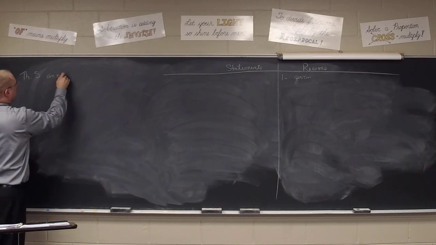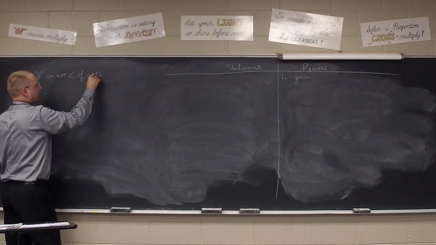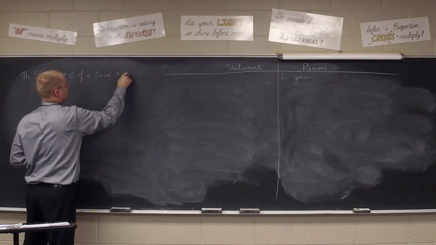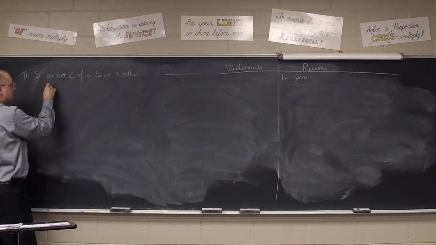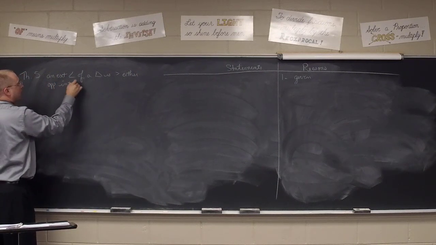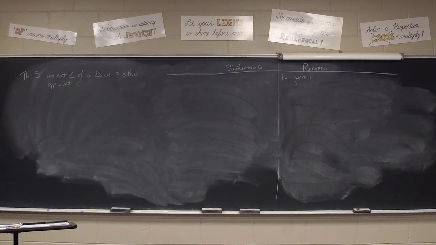An exterior angle of a triangle is greater than either opposite interior angle. Don't we love shorthand? Once you have that down, if you would, turn to the proofs of theorems corollary section.